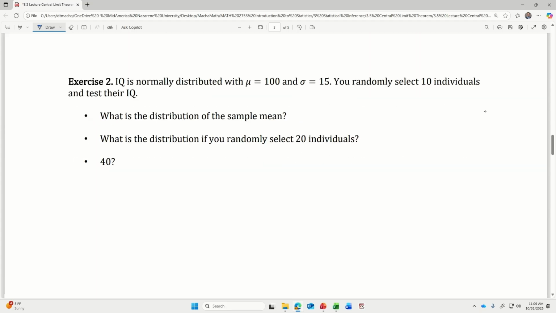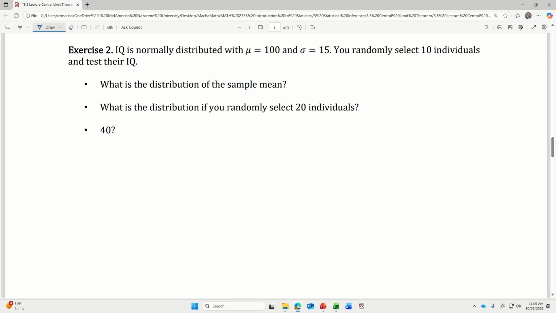Okay. Exercise 2 says IQ is normally distributed with mean 100 and standard deviation 15. You select 10 individuals at random and test their IQ. What's the distribution of the sample mean? Well, since IQ is normally distributed, my underlying distribution is normal.